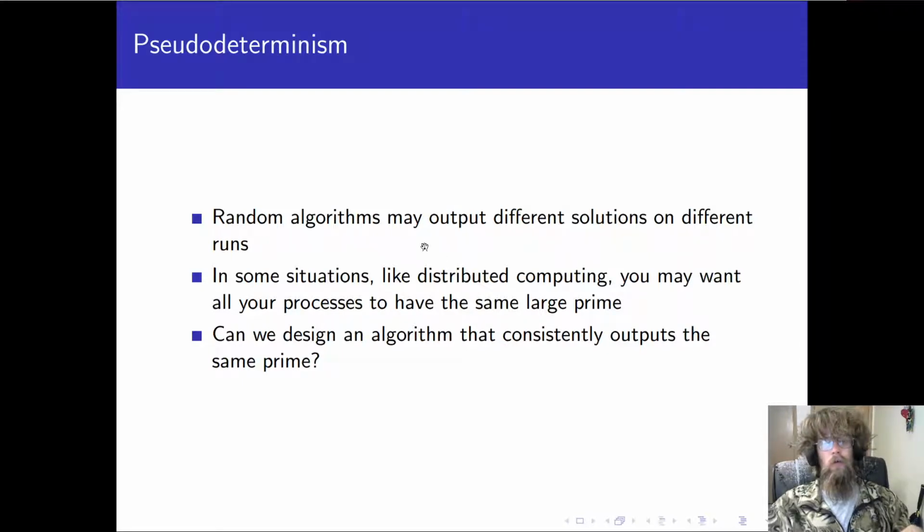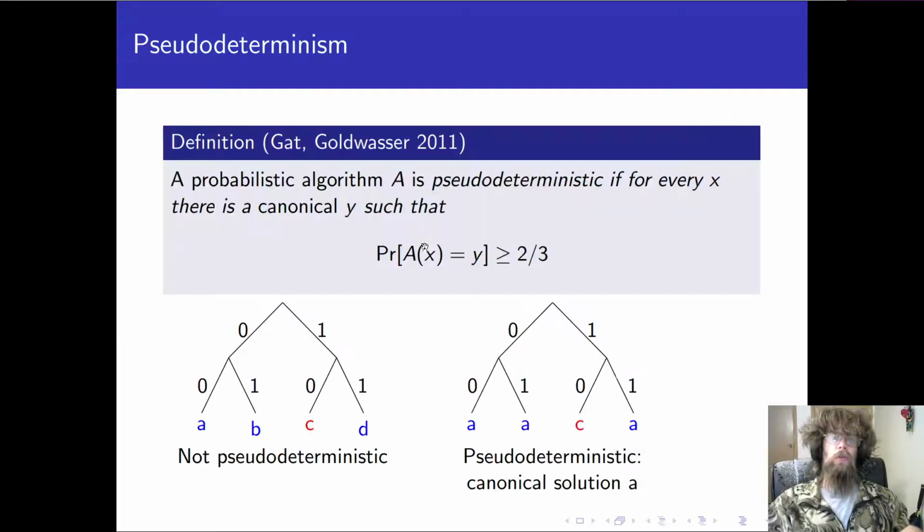Let's say you're in a distributed computing setting, you might want every process to agree on a particular prime number. And so this motivated the following definition. We say an algorithm is pseudo-deterministic if for each input there is a canonical output that we find with at least 2/3 probability.